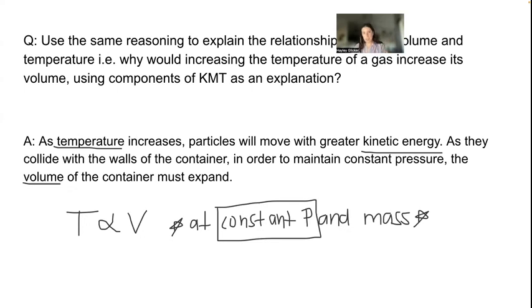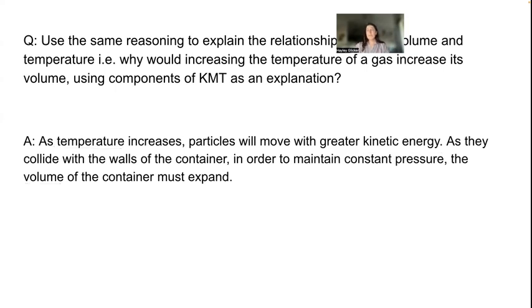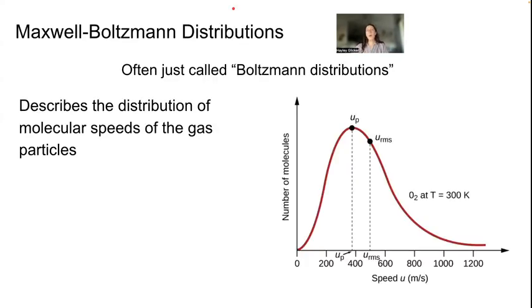If I'm increasing the temperature, everything's moving around faster, collisions are happening with a greater force. In order to maintain my constant pressure, that's why my volume expands. So here we're able to use the kinetic energy perspective of kinetic molecular theory to answer this question.